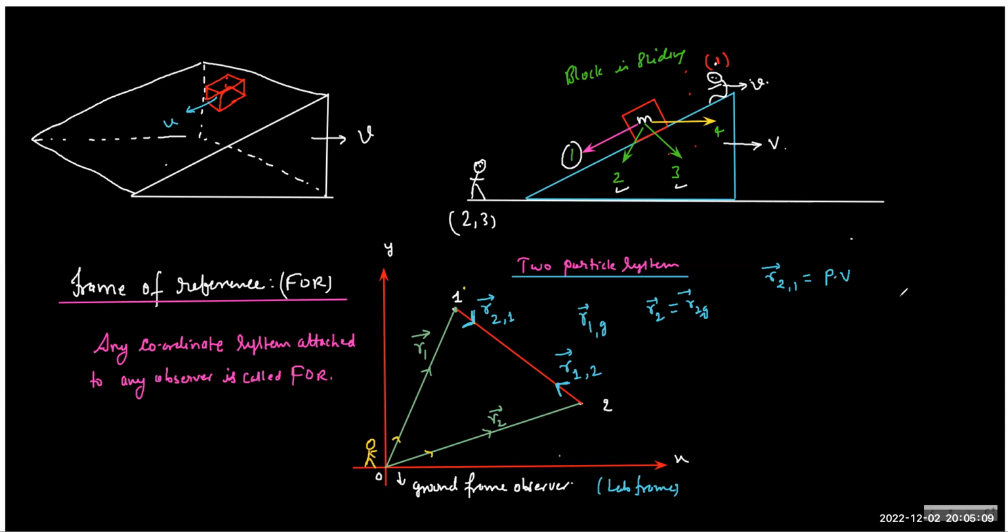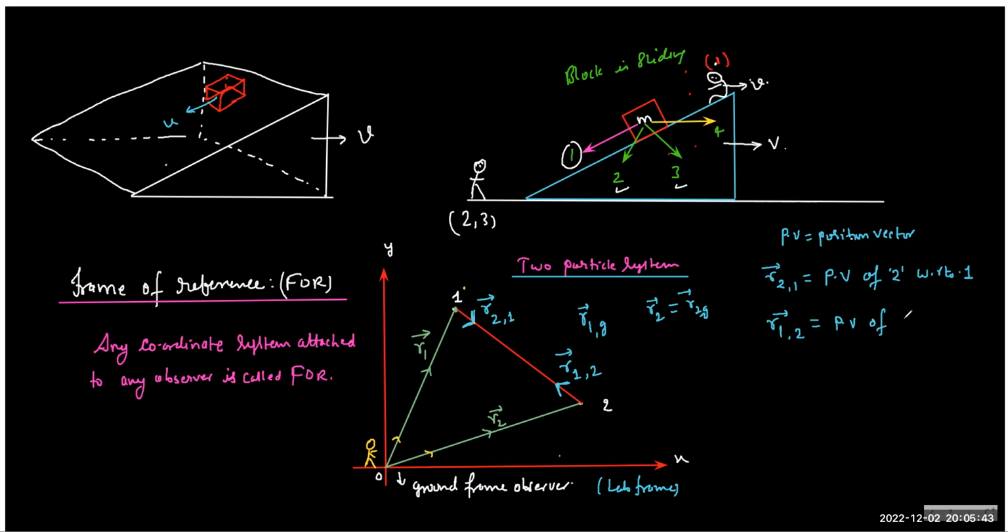I'm writing in short PV. Position vector of what? What this is representing? R21 is position vector of 2 with respect to observer name 1. So similarly, R1, 2 will represent what?